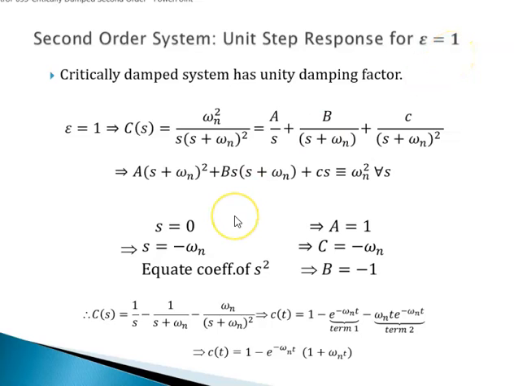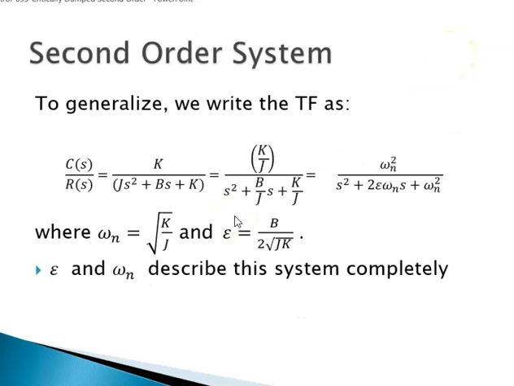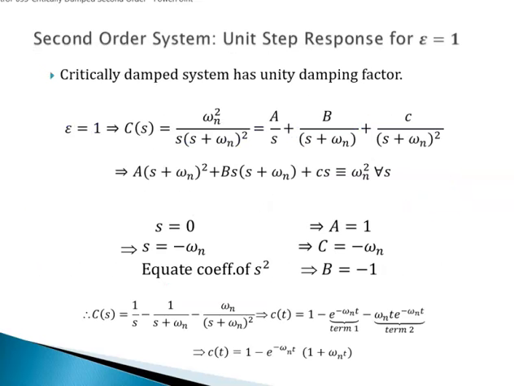When epsilon is equal to 1, we can very easily see that the denominator here, s square plus 2 epsilon omega n s plus omega n square, turns out to be (s plus omega n) whole square. We will put that here. This 1 over s comes from the step input.